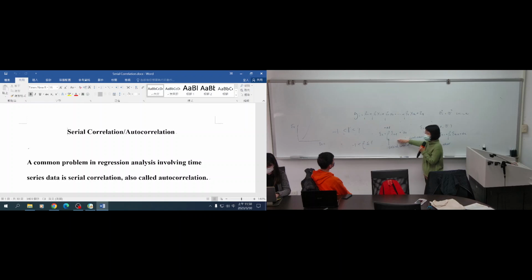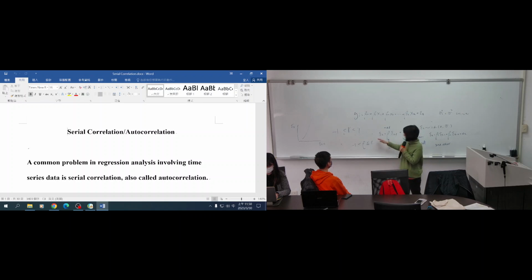And time series data can also have the problem of heteroscedasticity. You mean this is 1? Yeah, we'll talk about that later on, but it can be 1. Then I'm talking about the negative side now. What about the negative side?